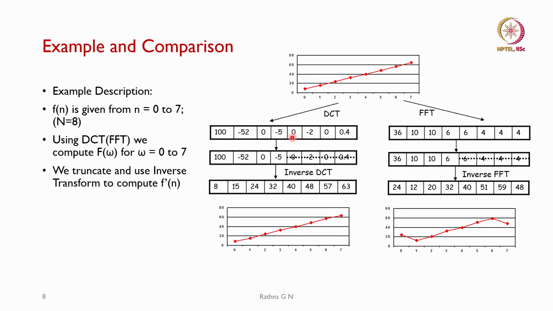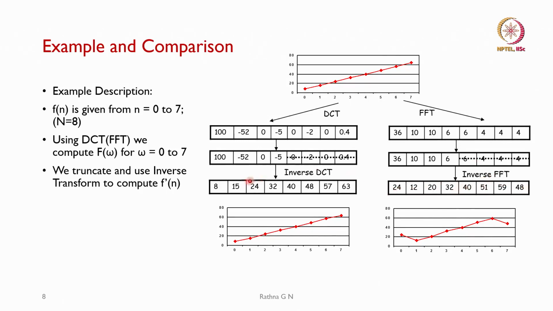For reconstruction, we strike off 50% of the values and make them zeros. We do the same thing with the FFT also. We are striking off these 4 values, and then we take the inverse DCT here and the inverse FFT there, that is IDCT and IFFT, and these are the values we have got.